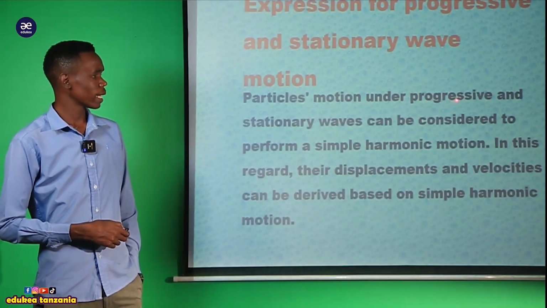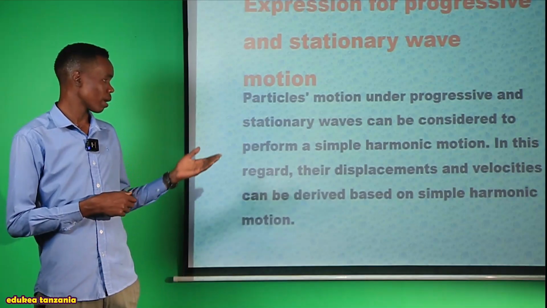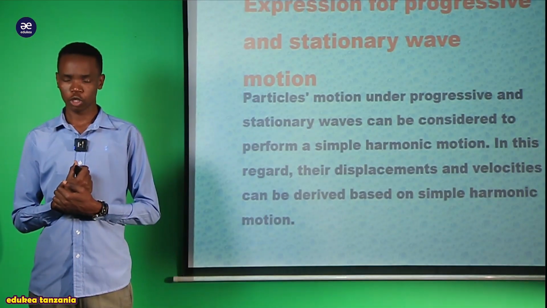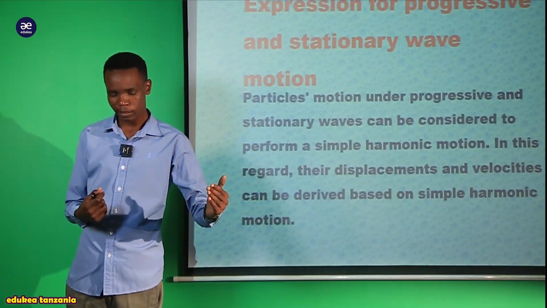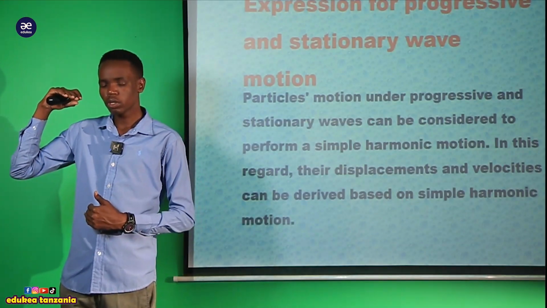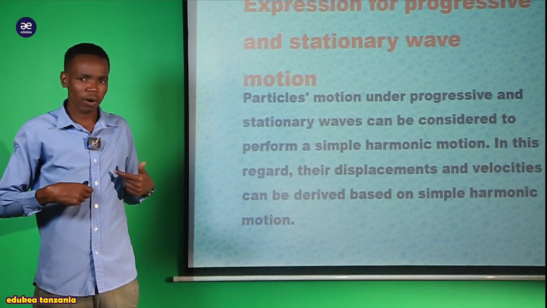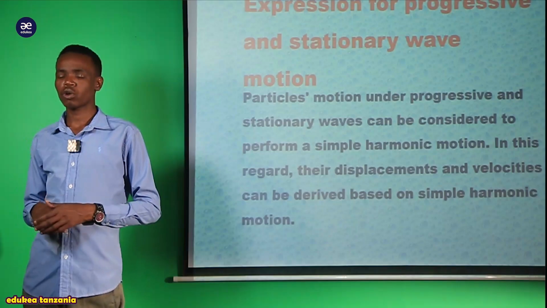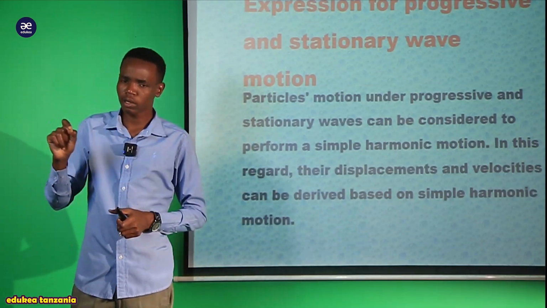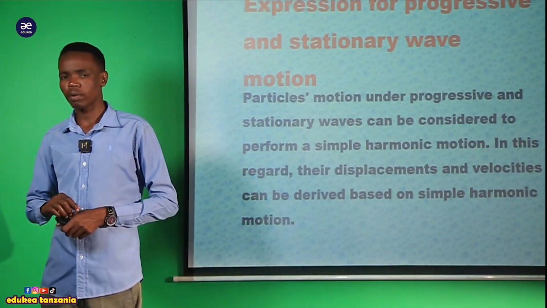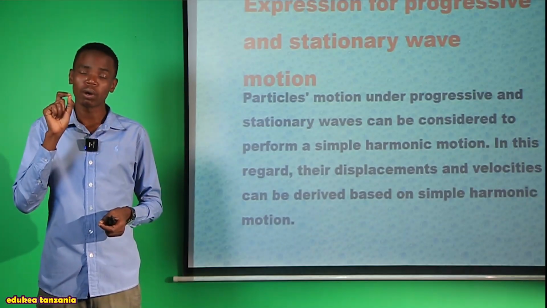So the particle motion in progressive and also stationary waves can be considered to perform simple harmonic motion. The particles found in progressive and stationary waves should undergo simple harmonic motion.